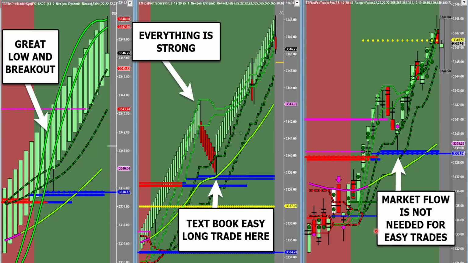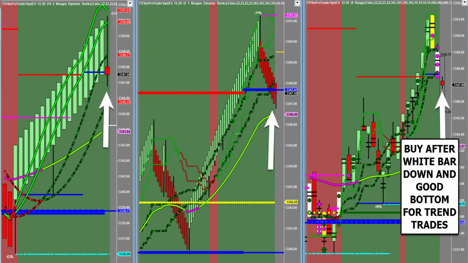This is where some of our traders, they'll say, oh, I'm waiting for a market flow signal, and they'll miss their perfect trade. So you can't do that when you have the perfect look and the perfect strength on all charts. You have to get in and not really worry about using the market flow in this situation. So I did want to add that in there as well.